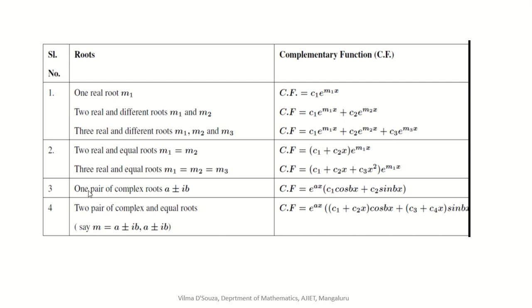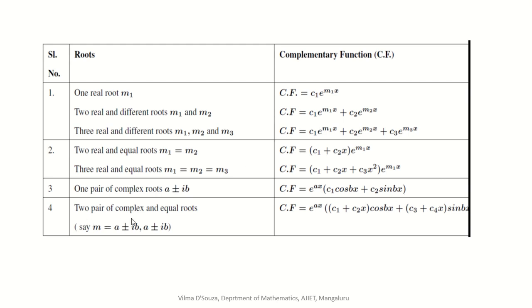And the third case is one pair of complex roots, a plus or minus ib. That is, CF is equal to e power ax, that is this a, into c1 cos bx, b from the root, plus c2 sin bx.